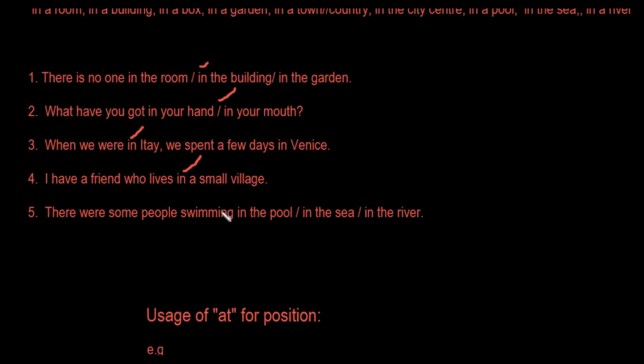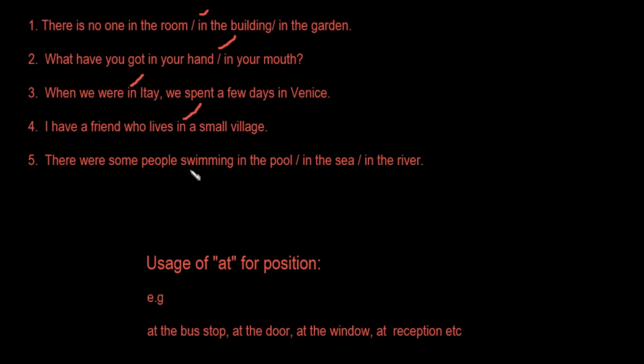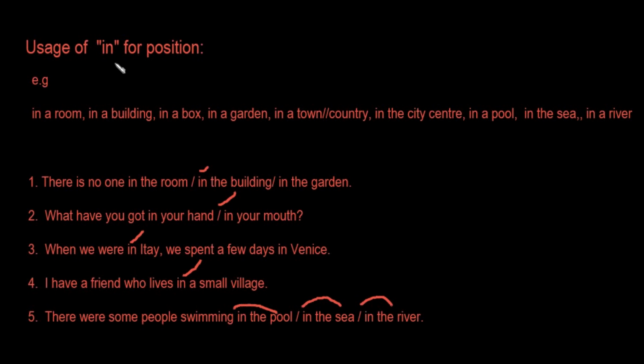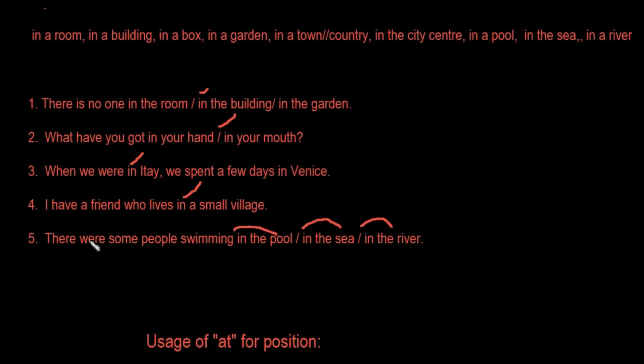There were some people swimming in the pool. We use in with the pool, in the sea, of course, and in the river. So these were the usages of the preposition in, for something like room, building, box, garden, town, something which is closed or surrounded.